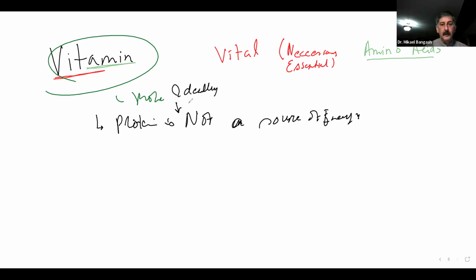So guys, if your body needs energy, the primary source is glucose or sugars. If your glucose supply is low, it would use fat as a source of energy.